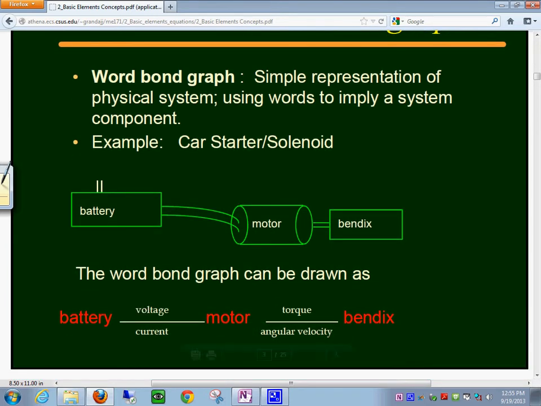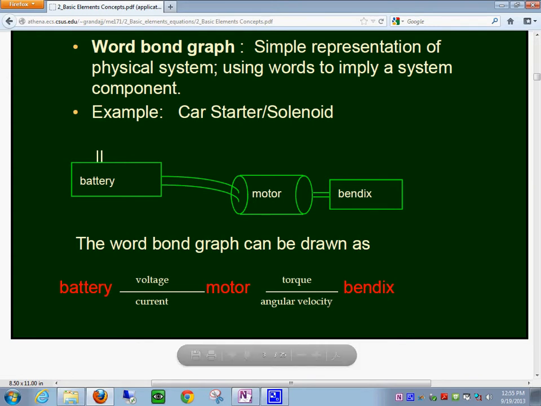Between those two elements, we have just this bond or this junction. See? It's joined, between the battery and the motor, by just a voltage and a current. But between the motor and the Bendix, this is going to have a torque and then an angular velocity. Okay? So what I'm trying to say is that by using simple words and the connections, we have created a bond graph.